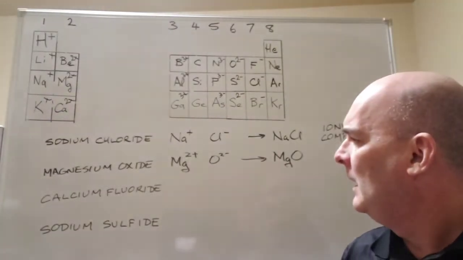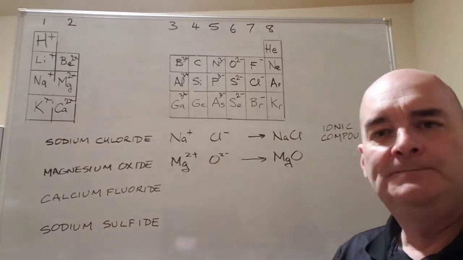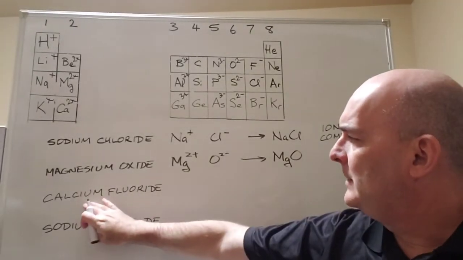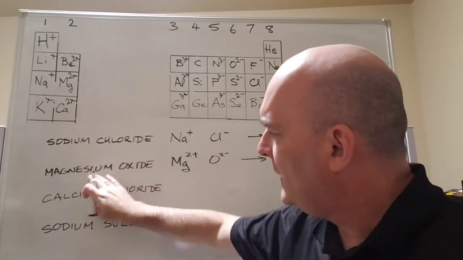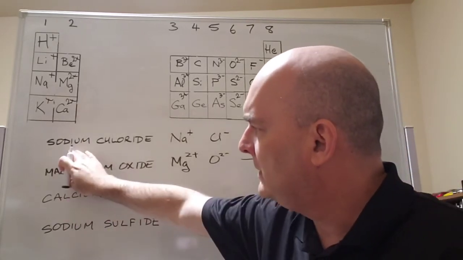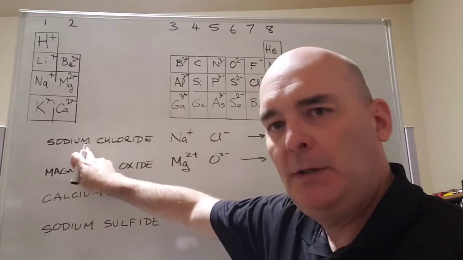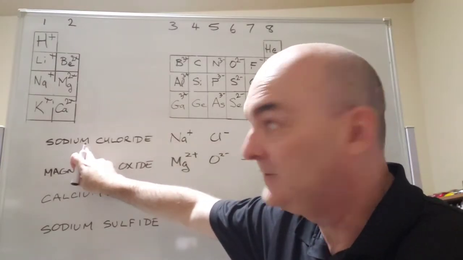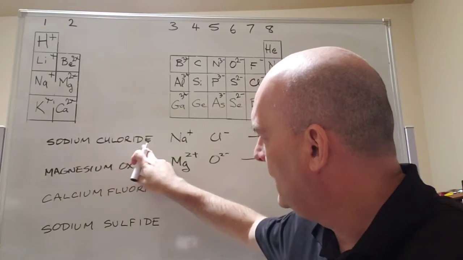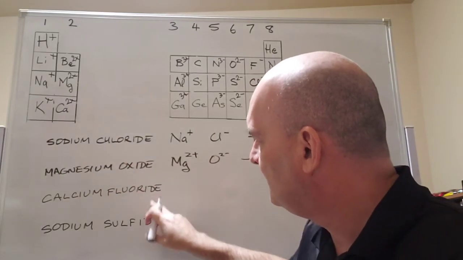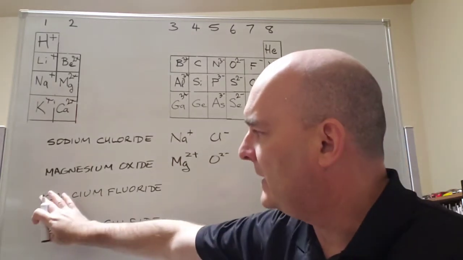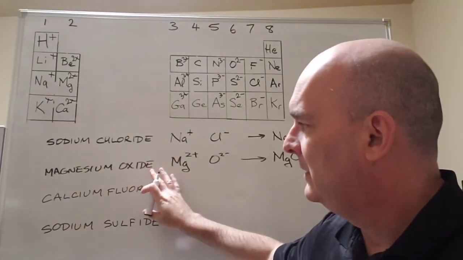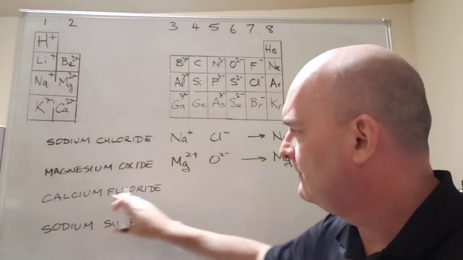Okay, let's do a couple more. Calcium fluoride. In all of our names, the metal goes first. The "ium" part leads, and then there's a space, and then the "ide" for the negative thing comes last. Metal, cation, non-metal, anion.